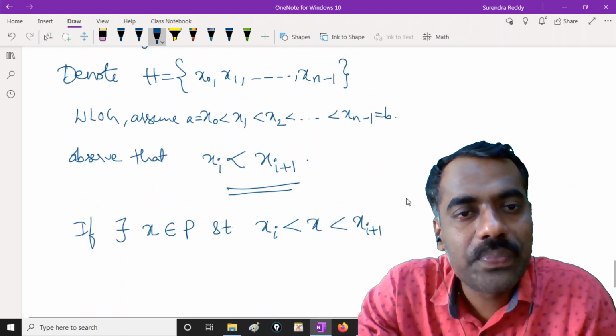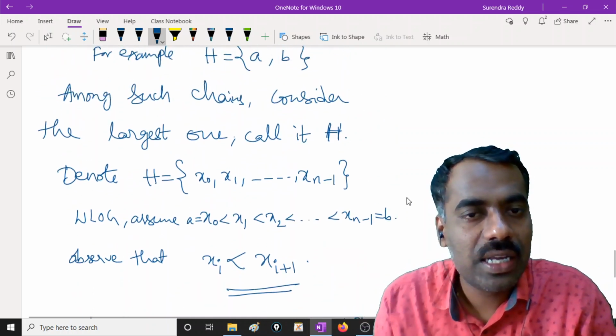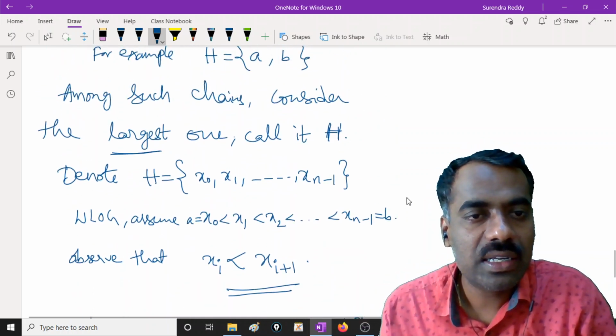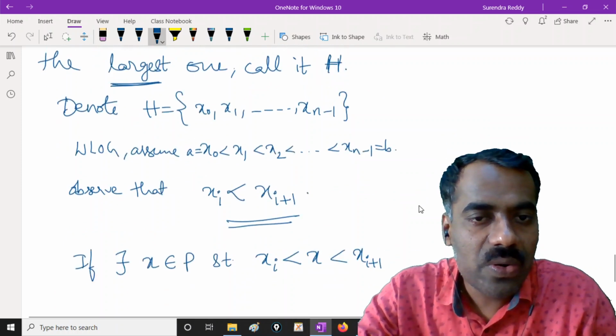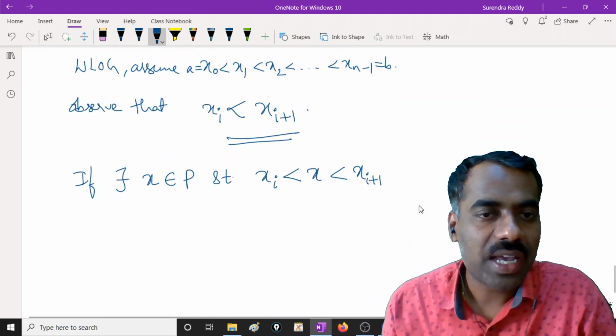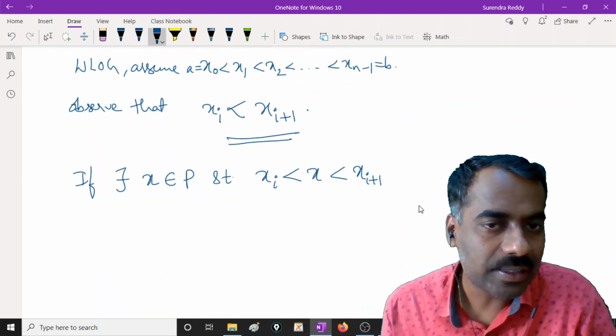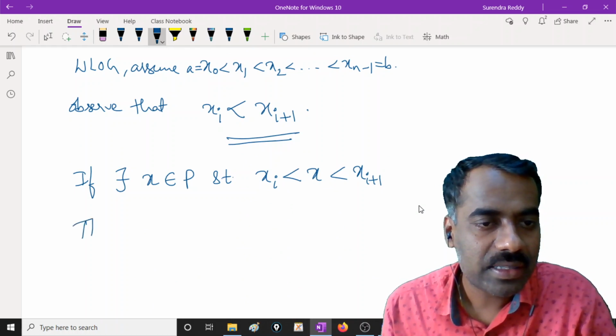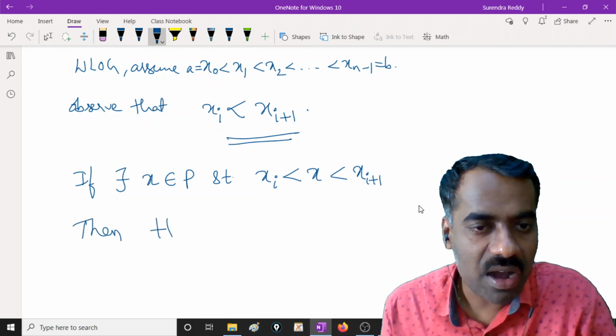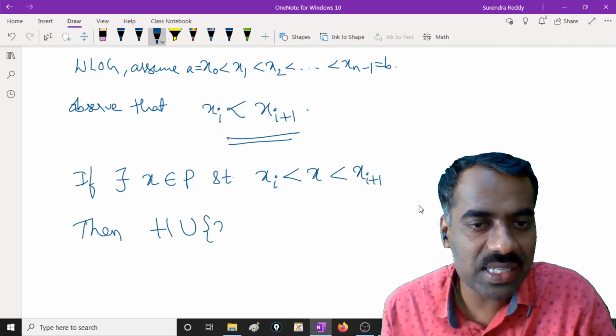What is that? Our H is the largest. So now, can you give another chain which is bigger than H? Then you take all elements of H together with this x.